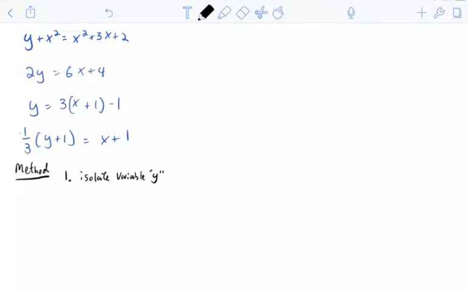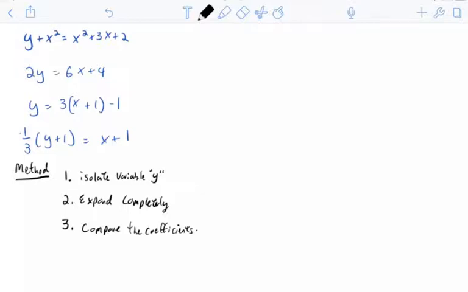Step 2, expand it completely. And step 3, compare the coefficients. This is our method for comparing and analyzing linear functions.